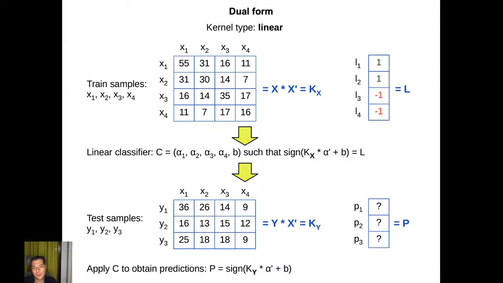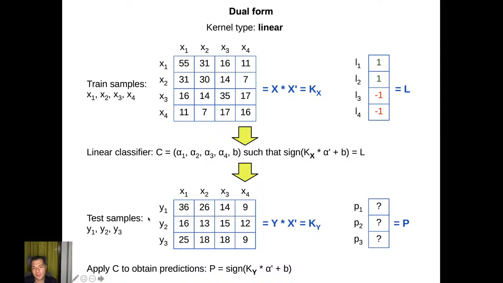This is wrong because, as I explained before, during training you learn some weights for the training data samples. So in order to apply the model, you need to compute the similarity between each test sample and each training sample. So instead of computing y times y transpose, you will have to compute y times x transpose. This is the correct way to do it.